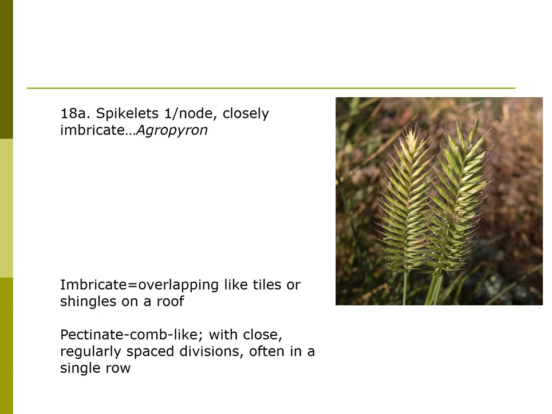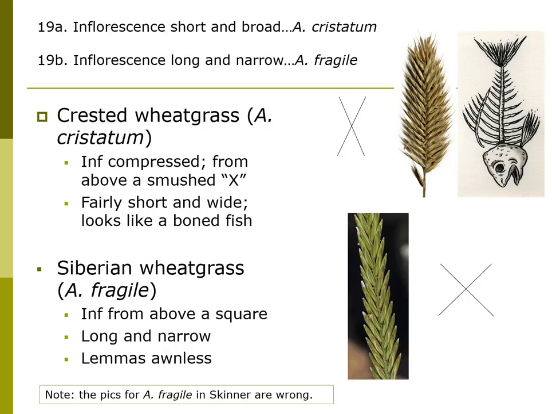So we'll look at perennial plants with the spike-like inflorescence, and the first group has spikelets one per node, and they're closely imbricate or pectinate, and this is crested wheatgrass, or the genus Agropyron. There's two I'll separate out here, crested wheatgrass, Agropyron cristatum, and Siberian wheatgrass, Agropyron fragile.